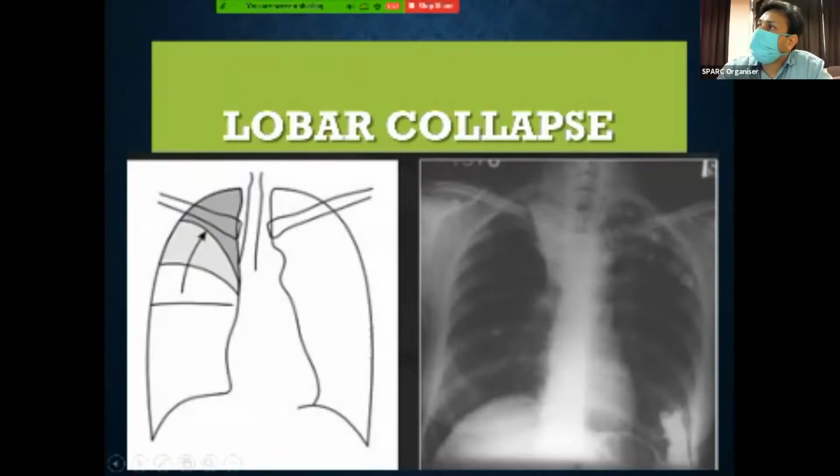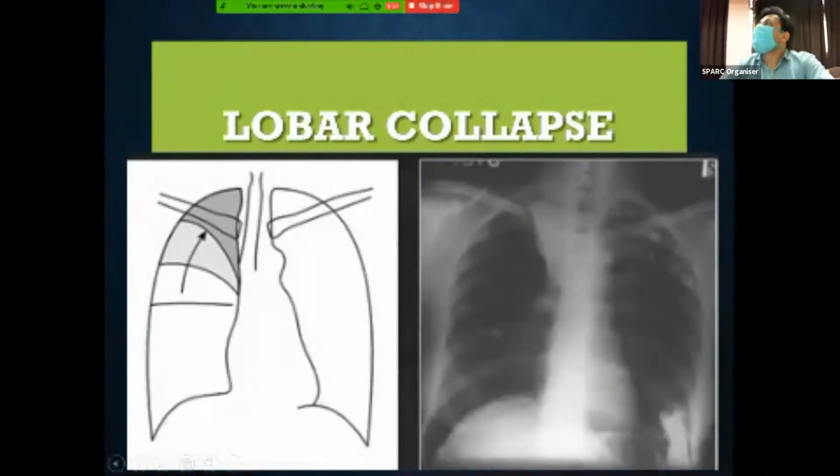Like in this example, you see the entire right upper lobe has collapsed, and there is only a small opacity in the right upper zone, based towards the mediastinum, and the rest of the hemithorax is filled by the other lobe. So the other lobe develops compensatory overinflation, and it fills up the rest of the space. So the collapsed lung just occupies a very small place.